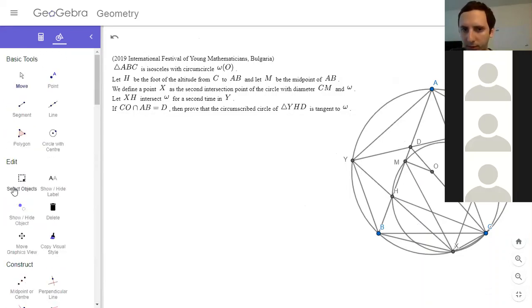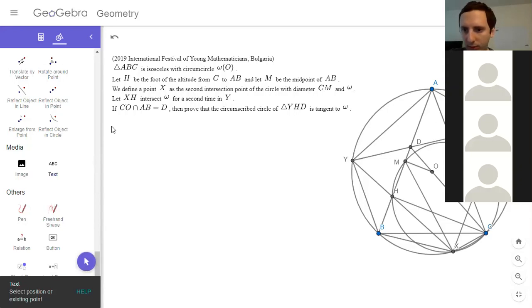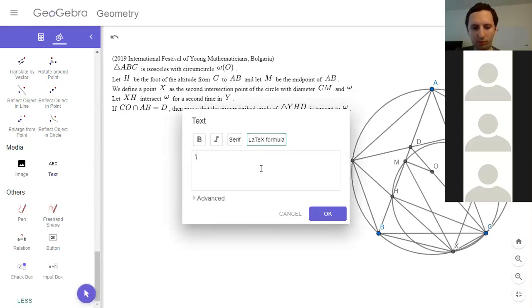First I'll write it like this. Since angle CHD equals 90, the circumcenter of triangle CHD lies on CD, or I'll say lies on OC.